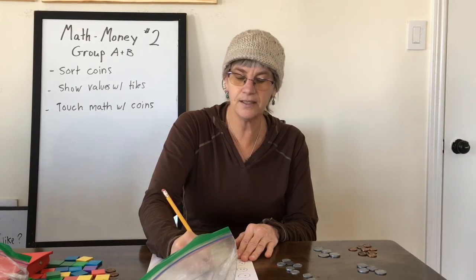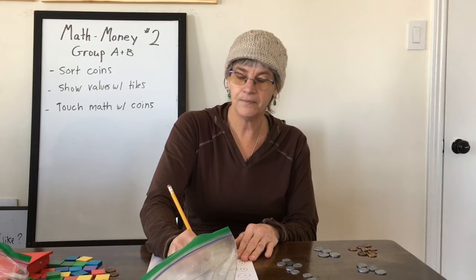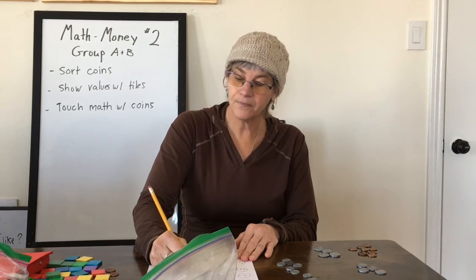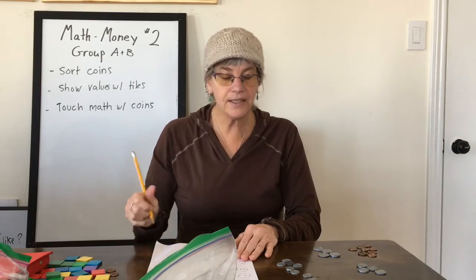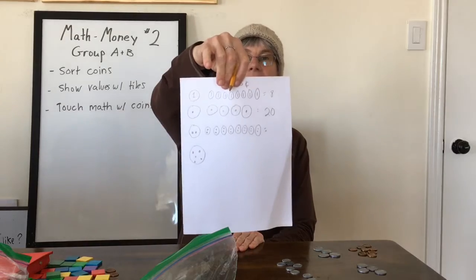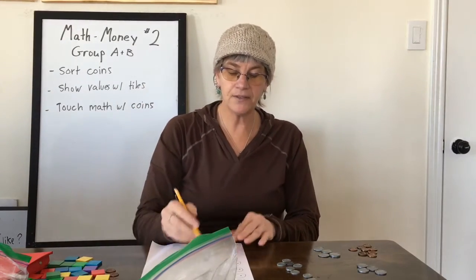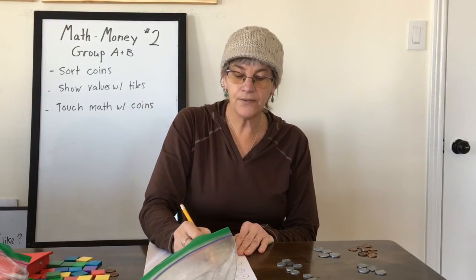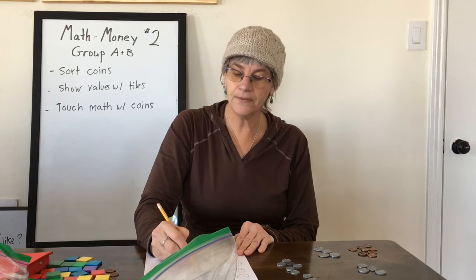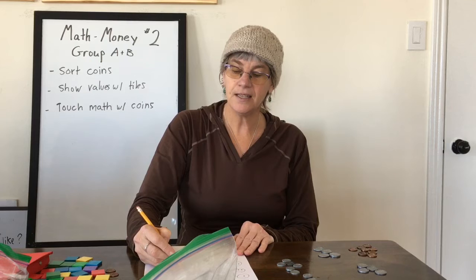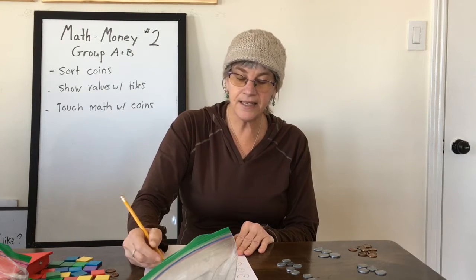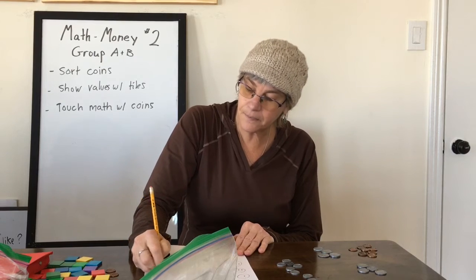So 2 dots inside. Each dot is worth 5. So now you can count this way. You have 8 dimes, and you're counting by 5s. 5, 10, 15, 20, 25, 30, 35, 40, 45, 50, 55, 60, 65, 70, 75, 80. 80 cents.